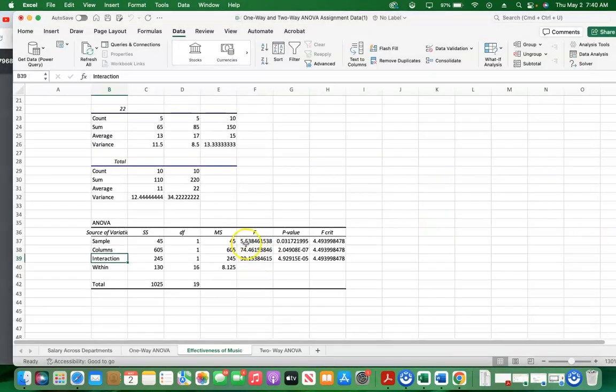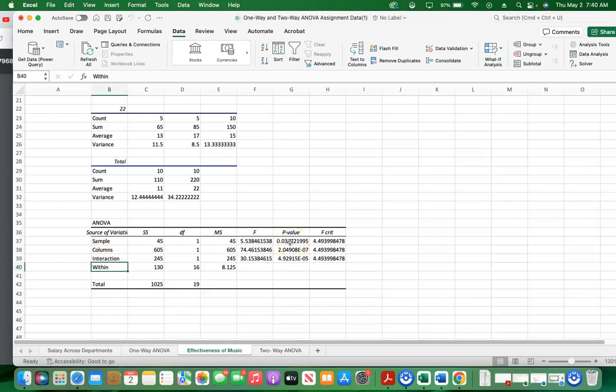In Excel, you can see that here we have results for the sample, which is our groups, and columns, which are our music. Also we have interaction and within the groups. Here we have the p-values.